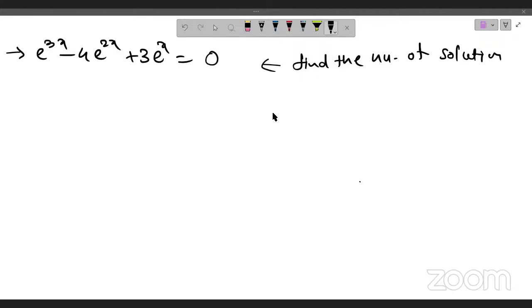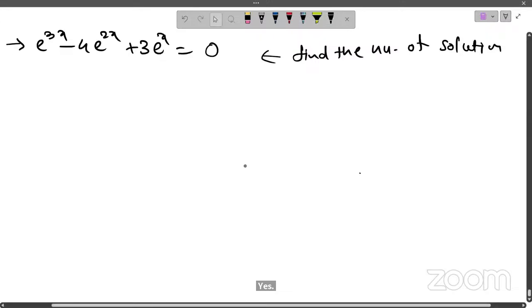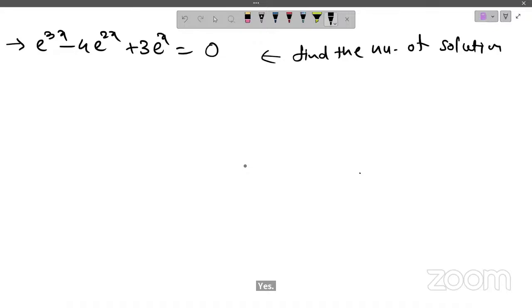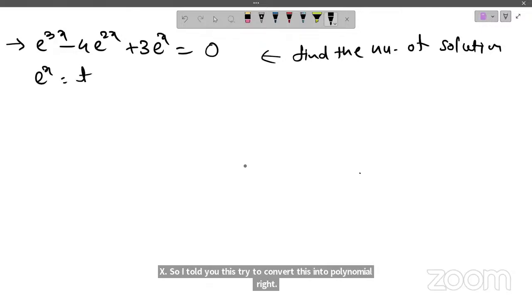Can we discuss? Aryan, did you get the solution? Yes, ma'am. So here you see there are so many e to the power x. I told you to just try to convert this into a polynomial. So just take simply e to the power x to be t.